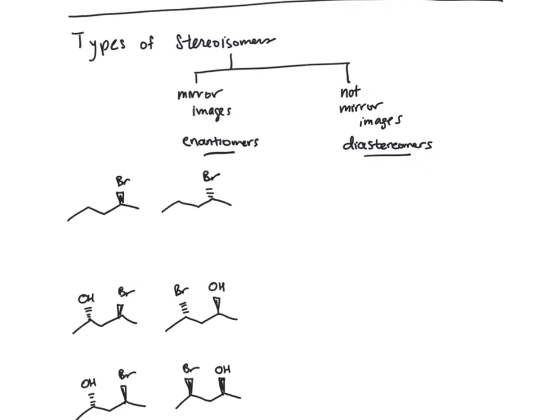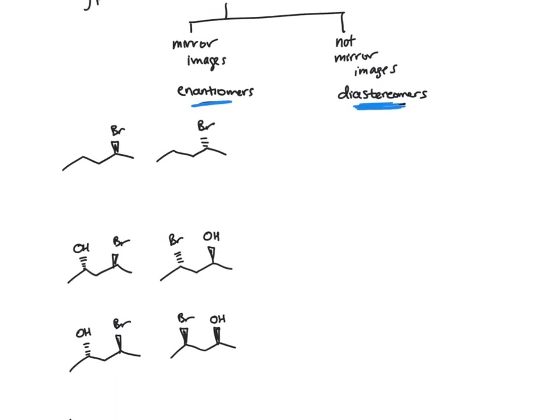Types of stereoisomers range from mirror images to not mirror images, where the mirror images are enantiomers and the not mirror images are diastereomers. So let's consider these classes of examples and go through whether they are mirror images or not.